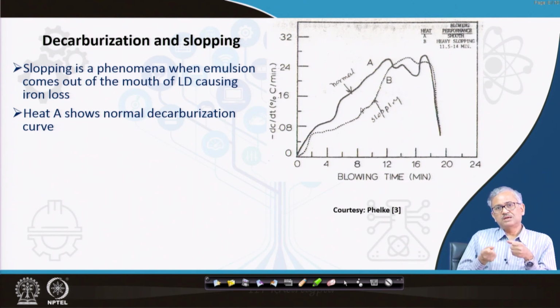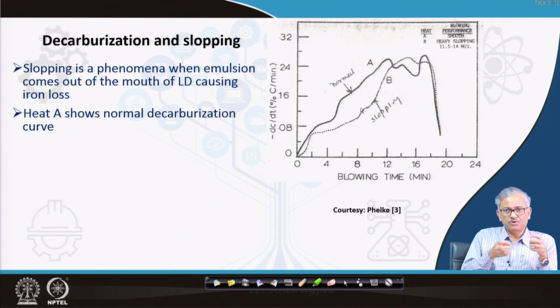As a result, the carbon may accumulate in the lower part, and they do not participate in the reaction too much. And suddenly, some liquid from the lower part comes up into the upper part, participates in the decarburization and goes into the emulsion phase. So, when the liquid from the bottom part goes to the emulsion phase, a sudden jump in the decarburization can take place.